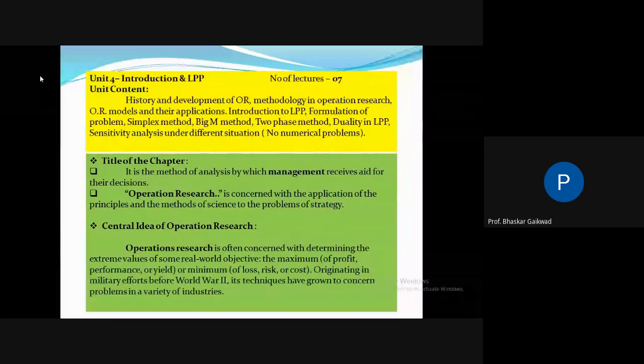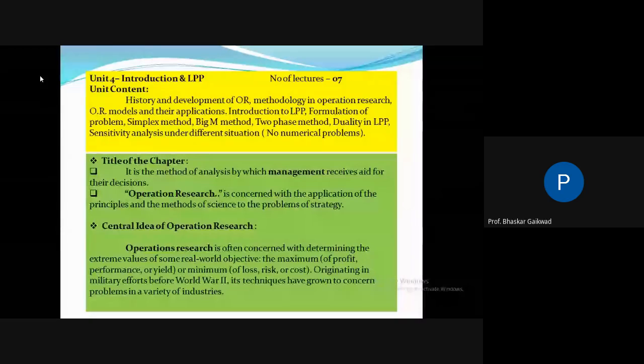After 1953, OR has been used for the effective use of all resources in every organization, in order to solve decision making problems at management levels. This is the history and development of OR.